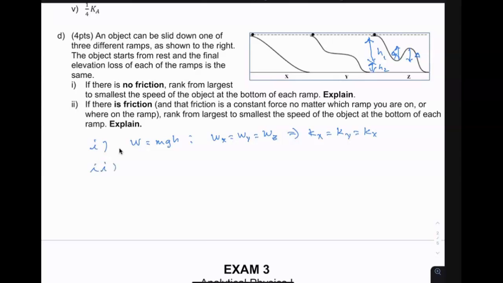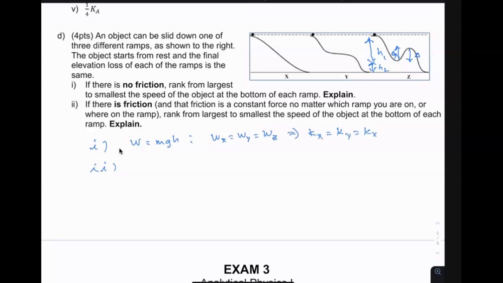In the second part, the work done by the gravitational force is once again going to be the same in each case. But now it says that there's a frictional force experienced by the object no matter where on the ramp the object is in each ramp.